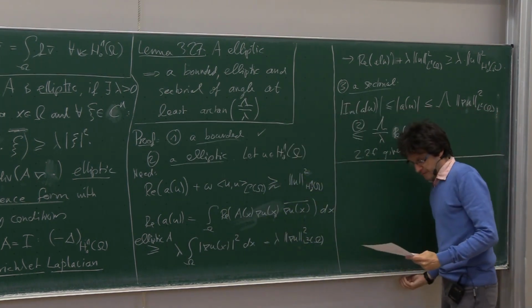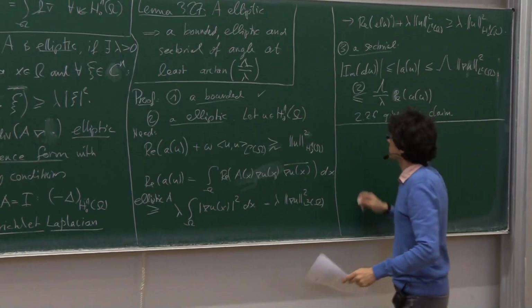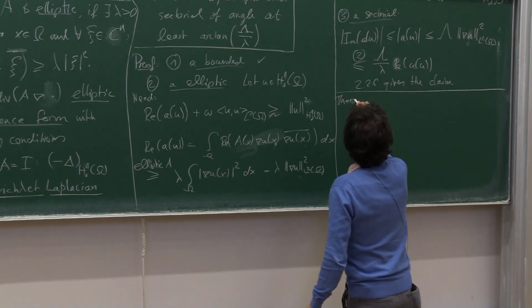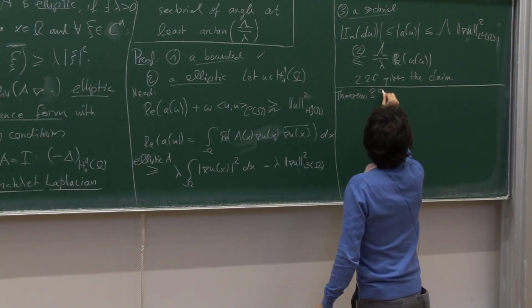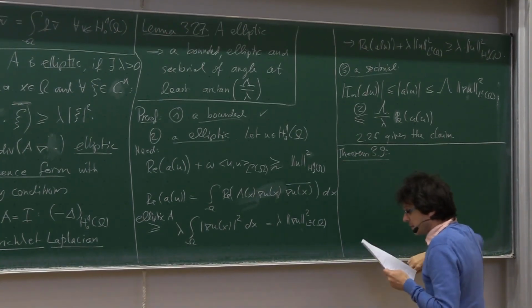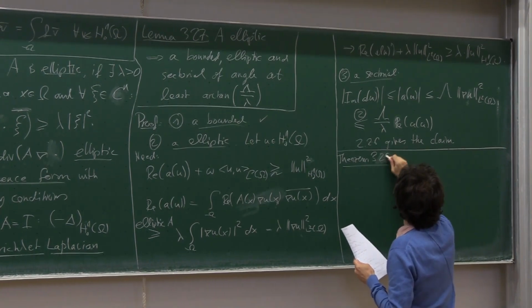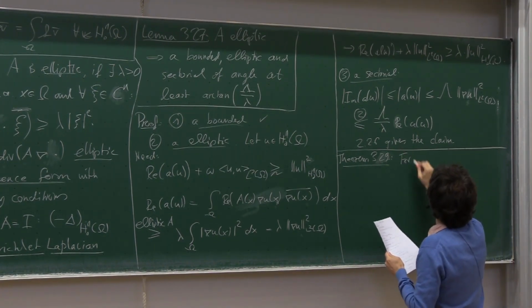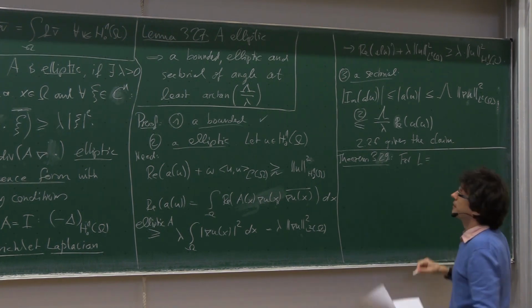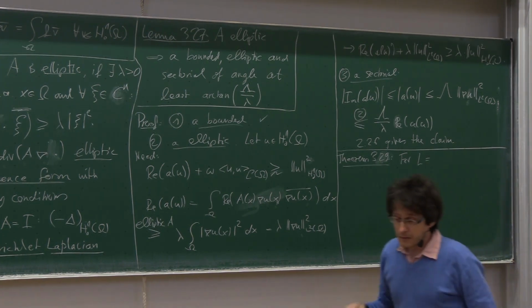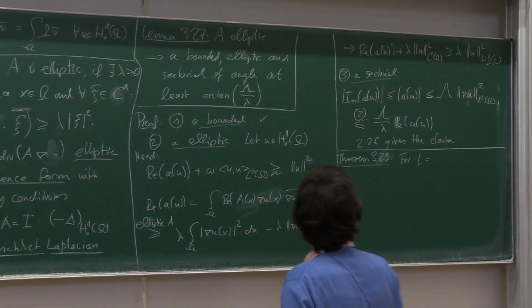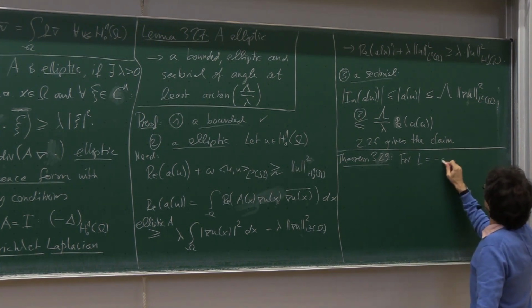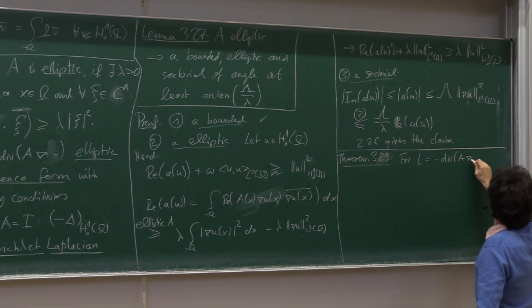And I want to end all this discussion. Let me somehow summarize everything in Theorem 329. So once you have an elliptic coefficient matrix A, we can look at the corresponding divergence form operator.